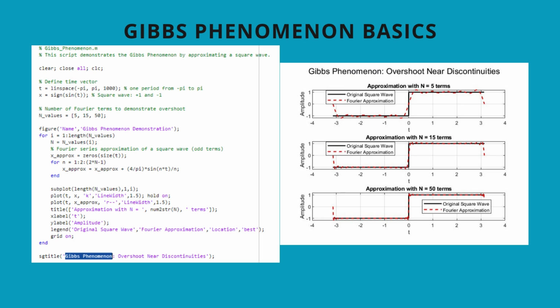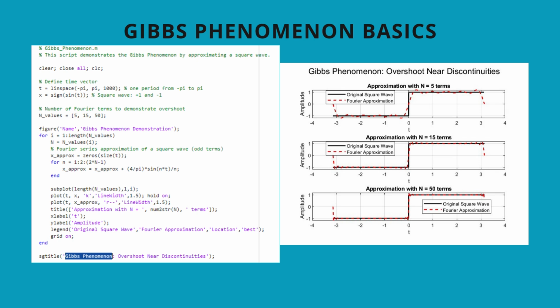The Gibbs phenomenon was first recognized in the context of Fourier series. Suppose you are approximating a square wave. With only a few terms, the approximation is rough, but as you add more terms, the waveform appears smoother and more accurate. However, near the edges, where the wave abruptly changes value, you'll notice this distinctive ringing, little ripples that overshoot by about 9% of the jump size.